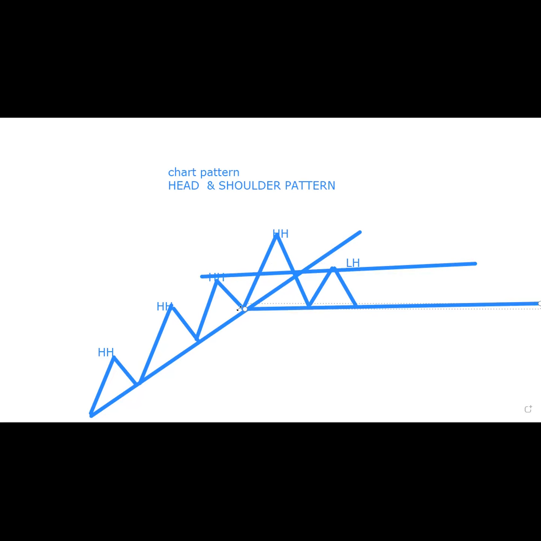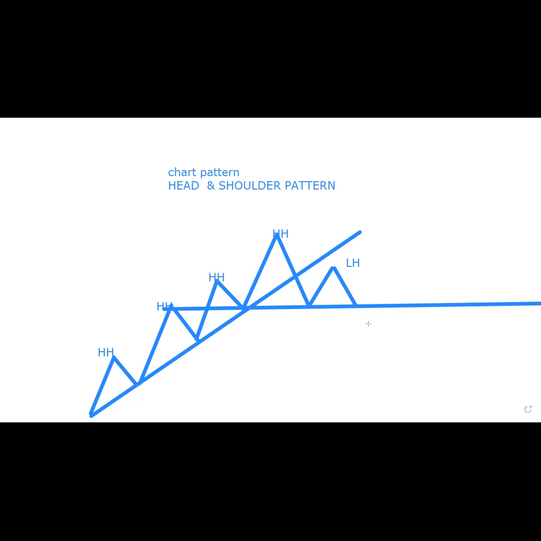So this immediate support is what they call the neckline. Let me erase this one so it doesn't confuse you. Good. So this is the edge, this is the left shoulder, this is the right shoulder, right? It needs to break down below this before you can say we are now having a downtrend.